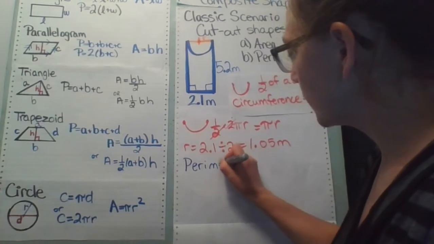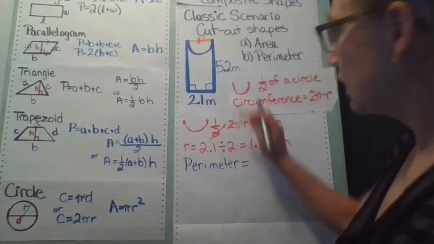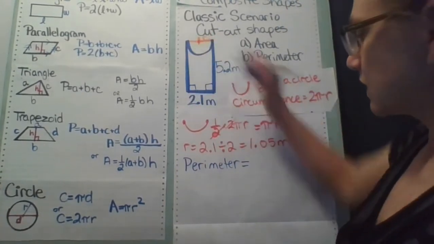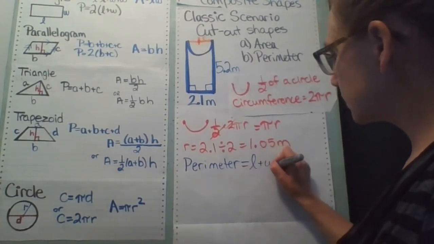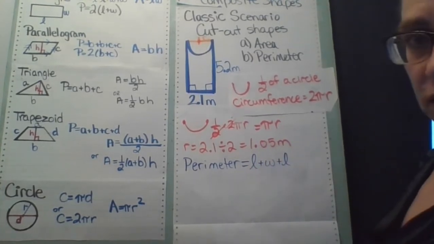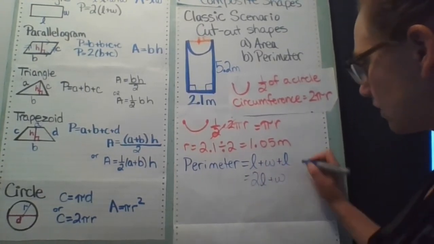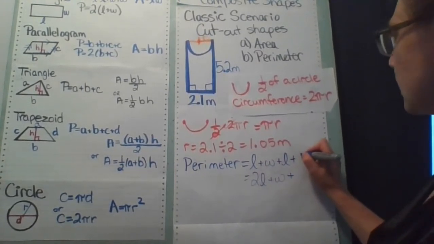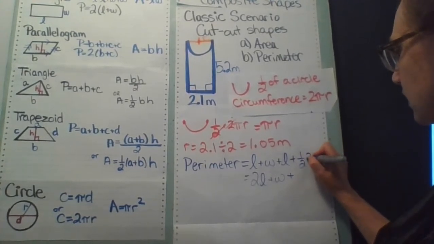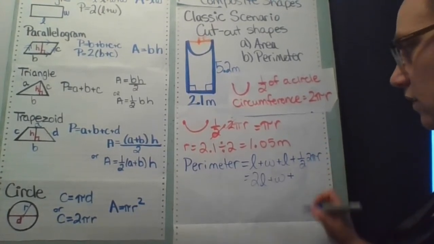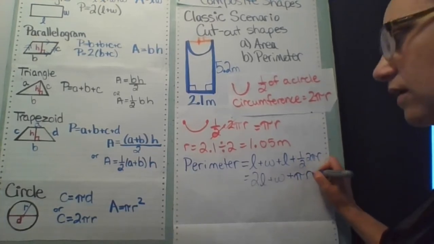So my perimeter is going to be length plus width plus length, which I could simplify as 2 lengths plus 1 width, plus that half of my circumference, which is my pi r.